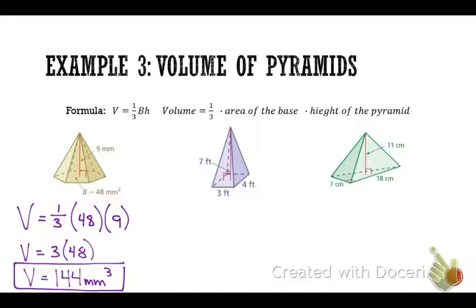Is it gonna be that easy on everyone? No, because it all depends on the base. So what kind of a base do we have on the purple figure? On the second one. Square. I mean a rectangle. Is it a rectangle or a square? Rectangle. Yes. Why is it a rectangle?